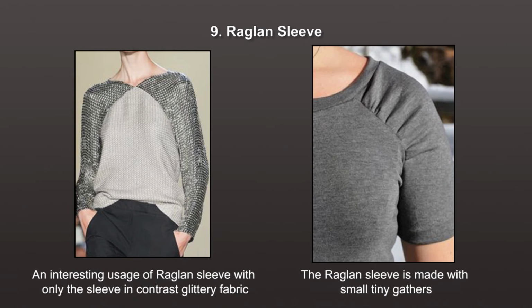On the right is a Burda style Raglan shirt. Burda Style is a community website for people who sew or would like to learn how to sew. Please note how interestingly and neatly the gathers have been placed on a Raglan sleeve, but still the sleeve is fitted at the hem.